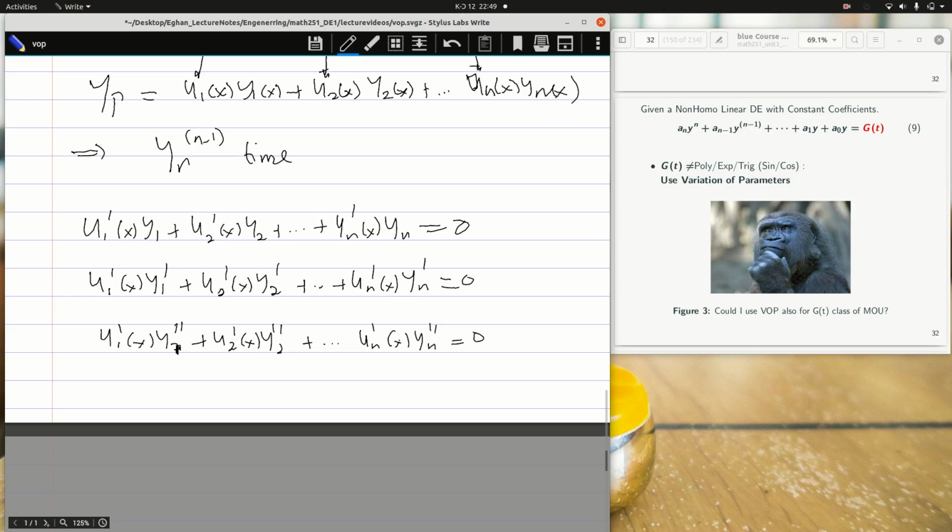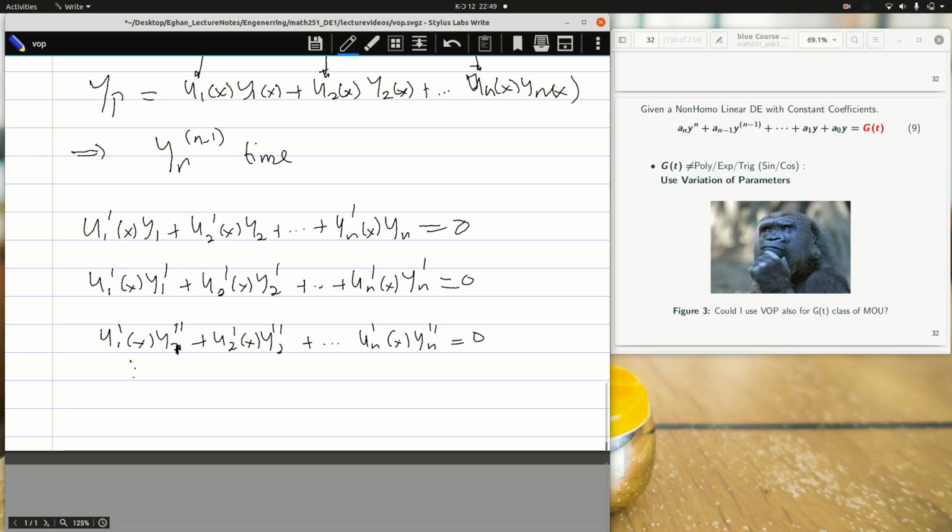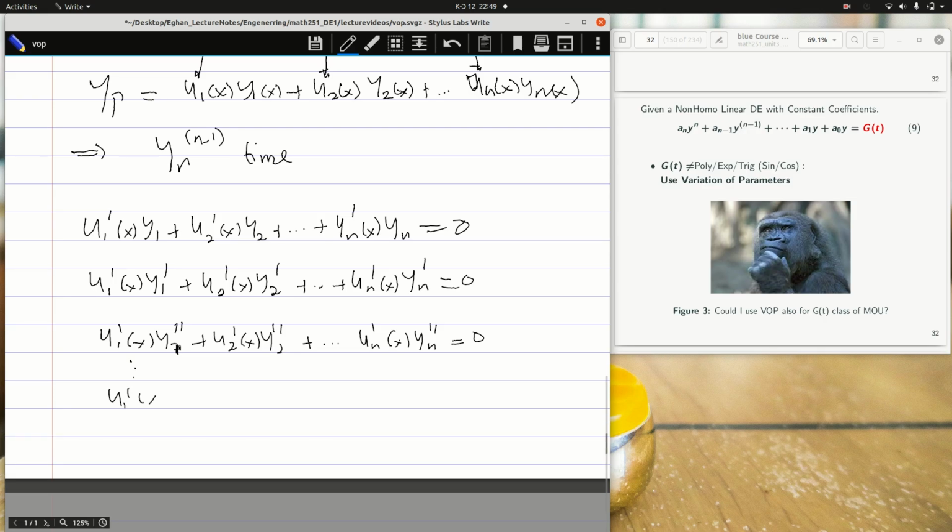So assuming I go to the last one, it means I have yn to the n-1 derivative, and the second part remains with n-1 times, but at the last bit of the derivative, you're going to get the source term over a.